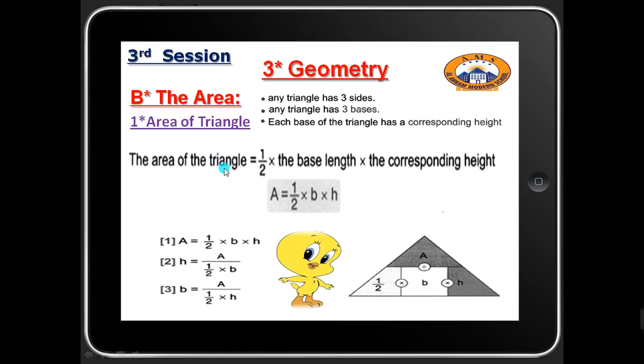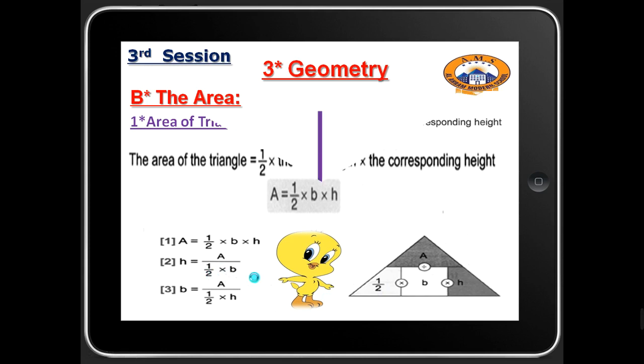So the area of the triangle equals half times base times height. The base will be given in the exercise, and the corresponding height he will give you the length of it. You write the rule: area equals half times base times height. What if he asks you to calculate the height? Hide the height here, so height equals area divided by half times base.